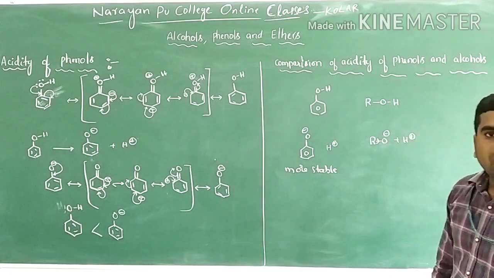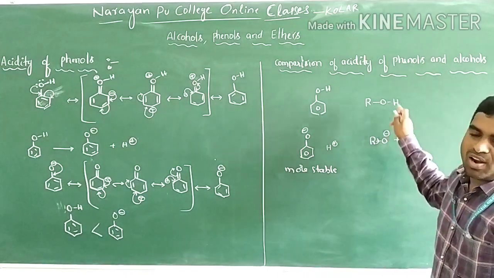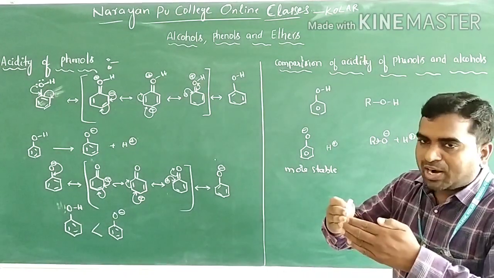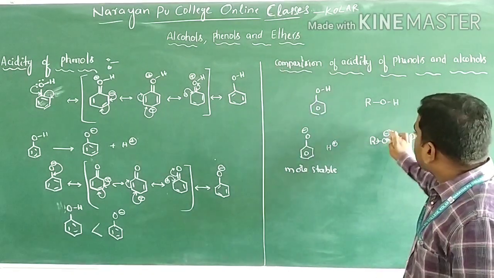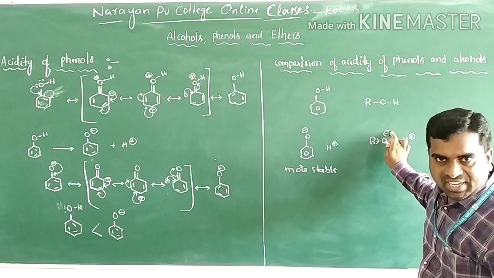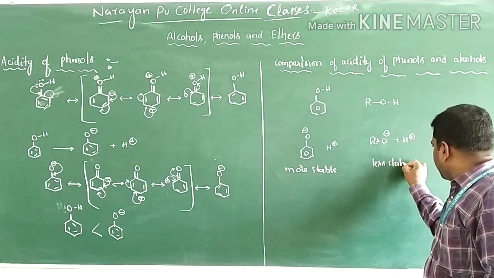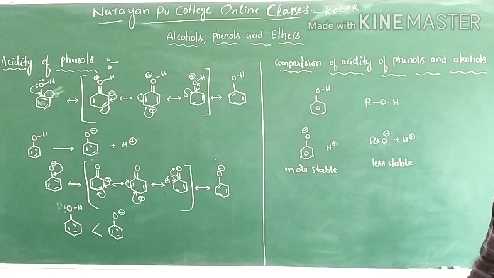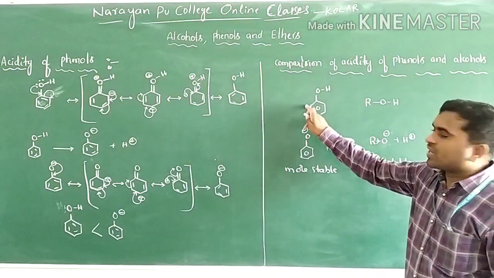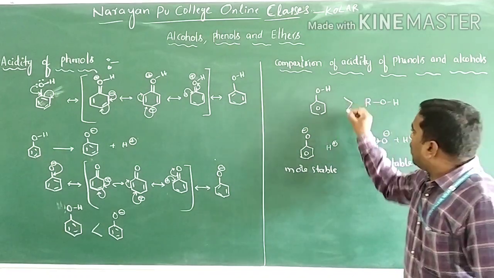Alkyl group means an electron donating group. It donates electrons to oxygen. Already on the oxygen electrons are there, so electron density increases, charge increases. When charge increases, stability decreases. Stability decreases means it is less stable. So that's why phenols are more acidic than alcohols.